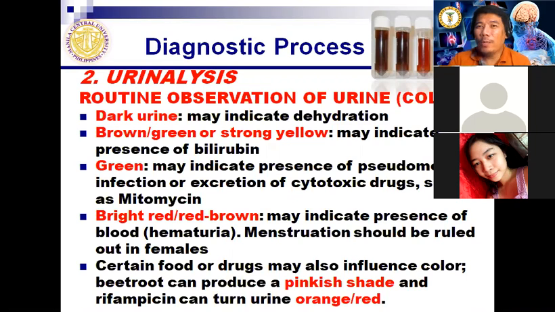So if you've heard about Pseudomonas that may cause pneumonia, most of the antibiotics are resistant, very resistant in any antibacterial therapy. So very crucial if the cause is Pseudomonas. So if the urine is color green, expect possibly Pseudomonas infection or possible excretion of cytotoxic drugs.